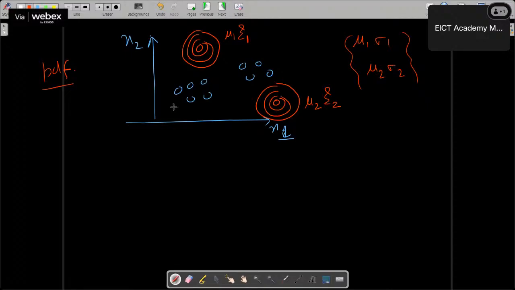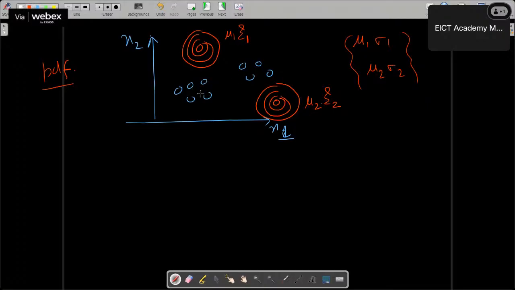So on this left side, this data has higher likelihood to come under this mu1 sigma 1, and on this right side, this data has higher likelihood to lie under this mu2 sigma 2, isn't it? So now I repeat.